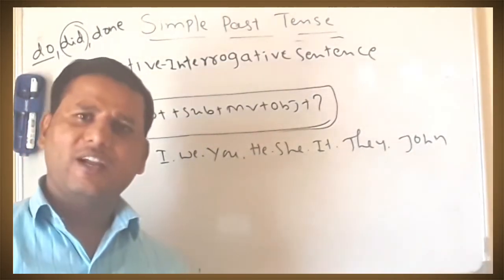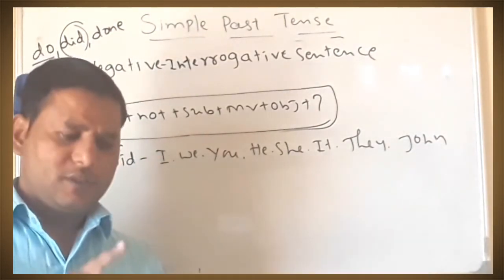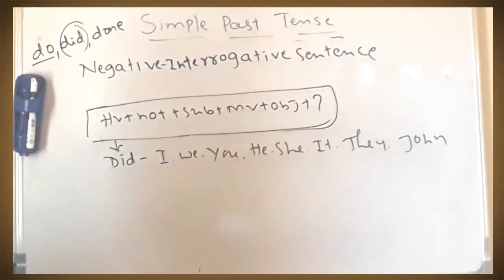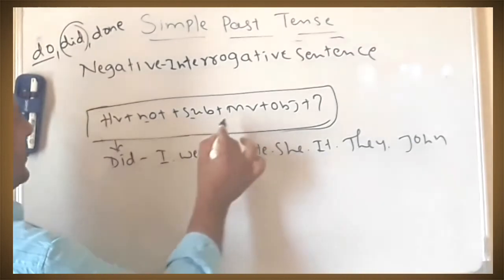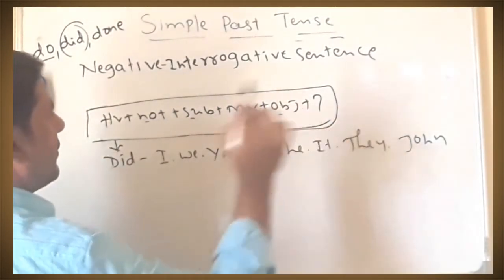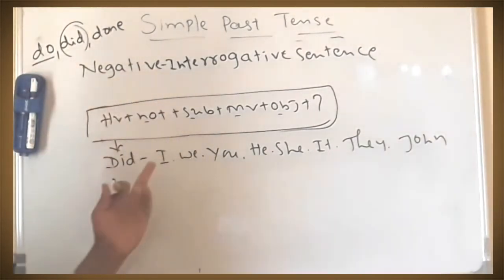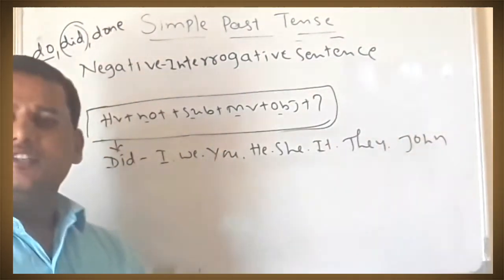In a negative interrogative, there will always be helping verb plus not, subject, main verb plus object plus question mark. So the same formula is here. Helping verb, not, subject, main verb plus object plus question mark. There is only one helping verb, that is did. If there is a did, the subject can be I, we, you, he, she, it, they and John.